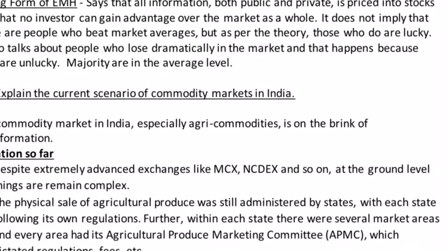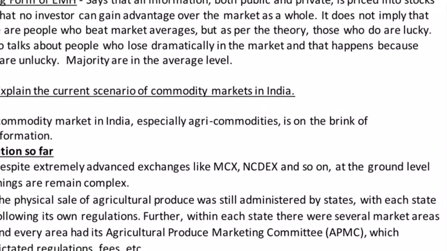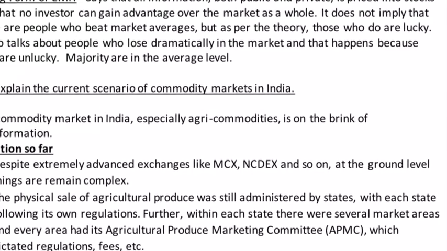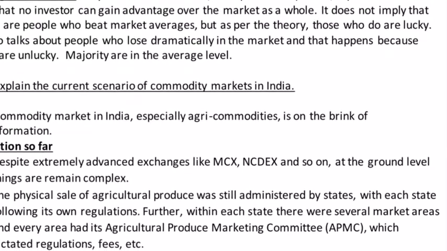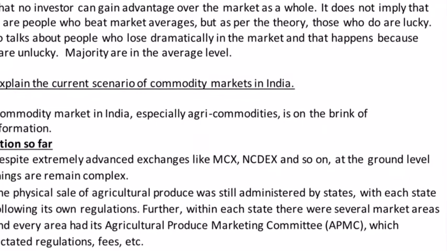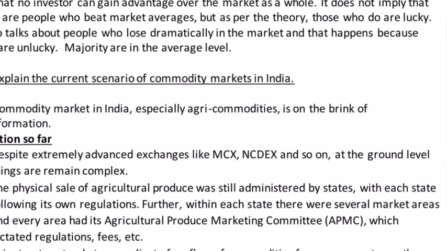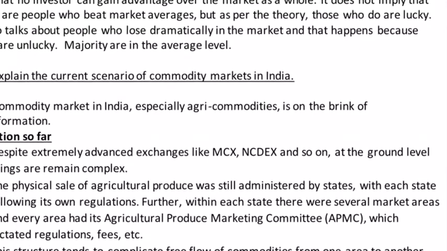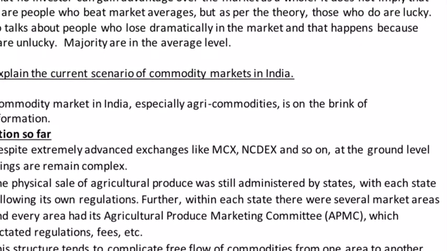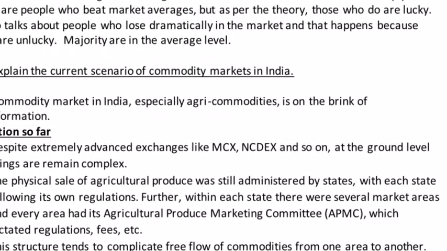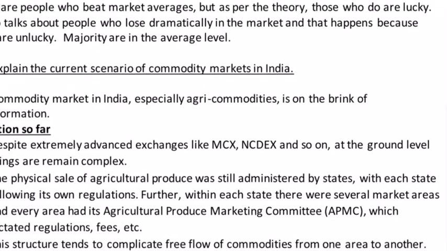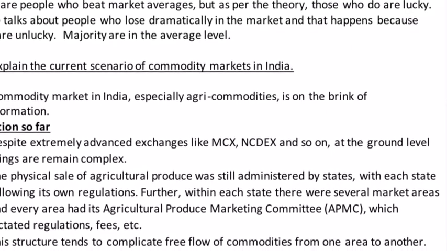The physical sale of agricultural commodities or agricultural crops, till recently was still completely administered by the states. And each state has its own regulation, all of us know. And within each state, there were several market areas. And each area had its own APMC. What is APMC?